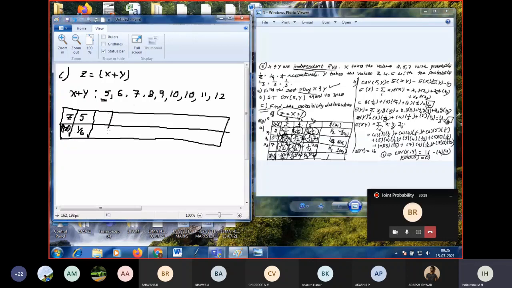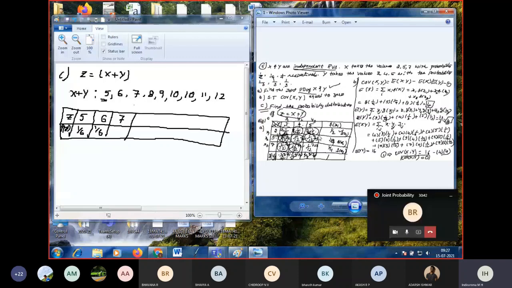Okay, next, come to 6. 6 is obtained when x is 2, y is 4. What's the probability? 1 by 6. You write here, 1 by 6. Next, 7. We obtained 7 when x is 2, y is 5.